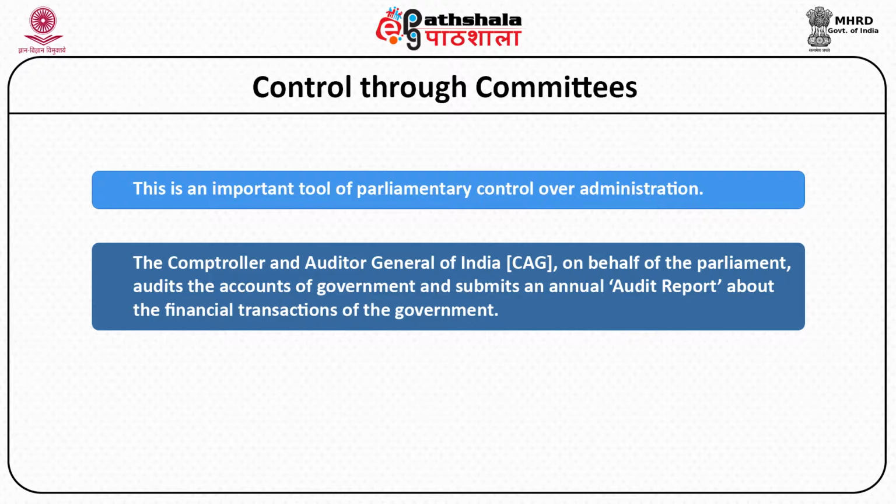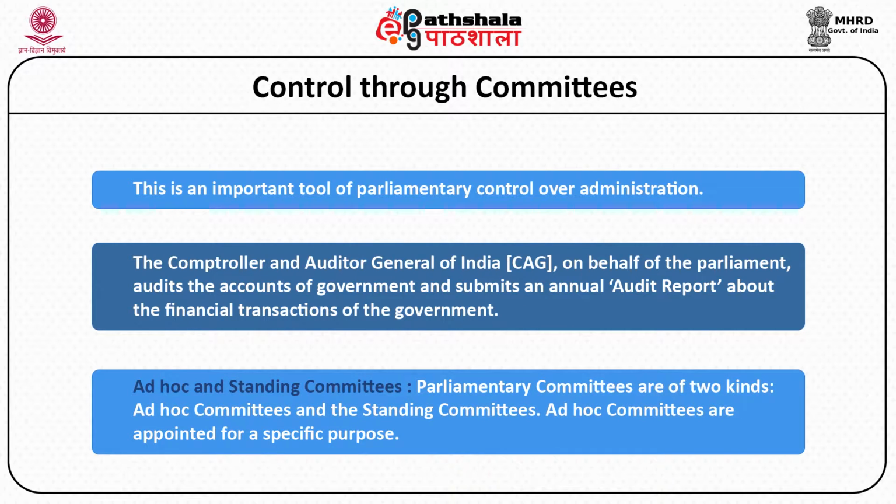Now, the work done by the Parliament is voluminous; however, the time at the disposal of the Parliament is very less. So it cannot devote much time to each and every issue. A good deal of the business in the Parliament is therefore transacted through parliamentary committees. The parliamentary committees are of two kinds: ad hoc committees and standing committees.